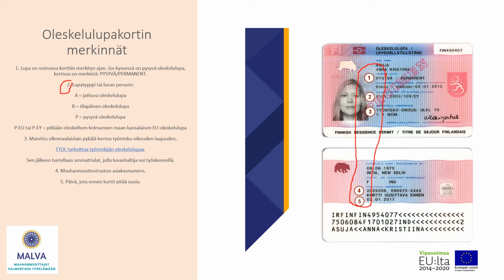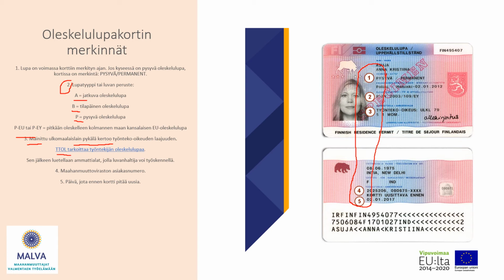will show what type of residence permit you have, which means A, B, P or PEU. After that, the third portion is the section of the Aliens Act printed on the card, which reveals the extent of the card holder's right to work. This is a very important part.